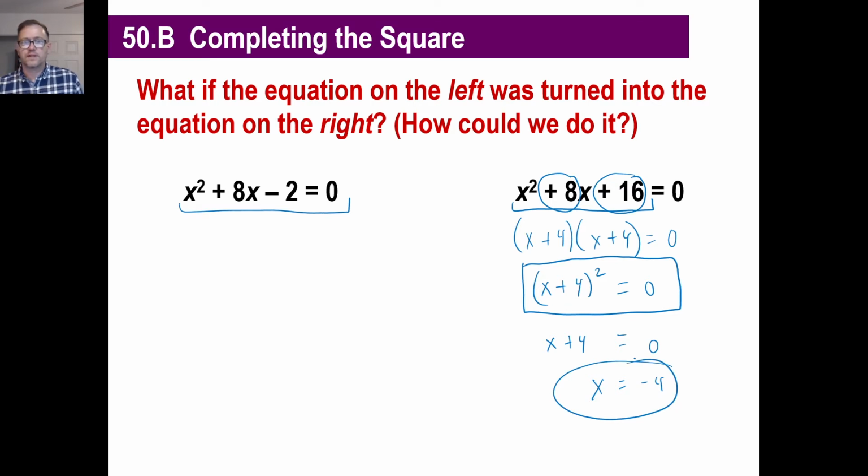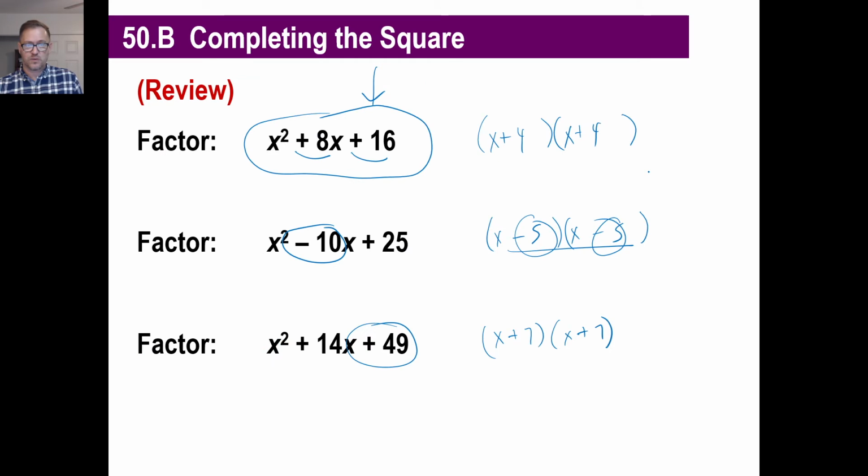And the reason you could do this, and you couldn't do the one on the left, look at the one on the left. To factor that in a way where you could turn it into this, you've got to have a 16 here, right? In other words, you look at that middle number, and if I have a 16, that'll work. Just like these previous ones, I have a 16, that'll work.